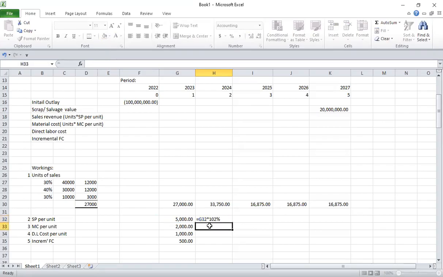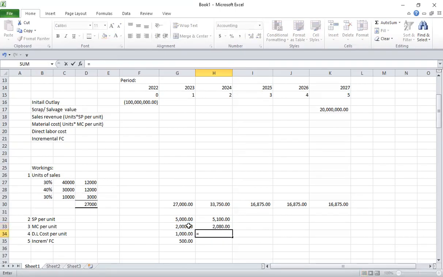The same thing will apply to the material cost. I take that for year one and multiply. Be careful about the inflations because they are not similar for the four. For material cost, we are told we now have 4%, so times 1 plus 4%.